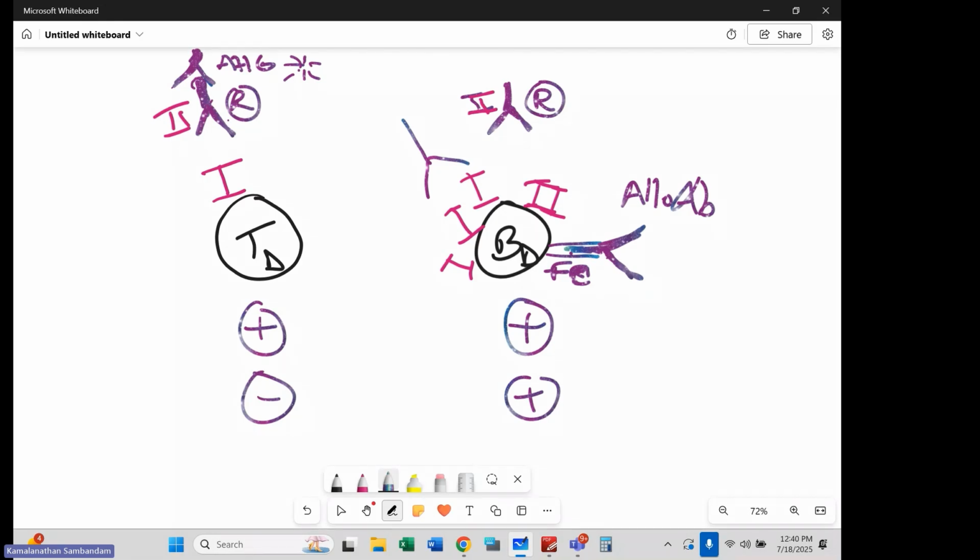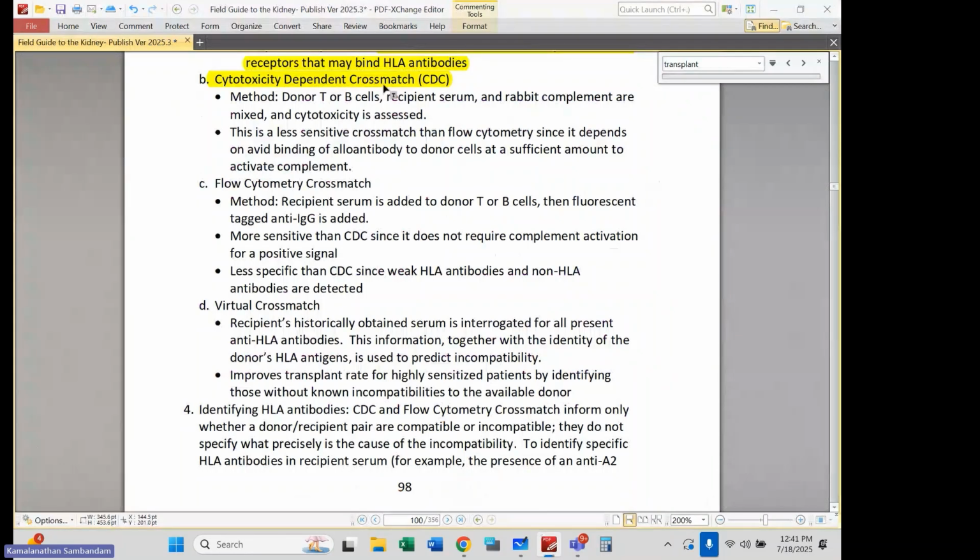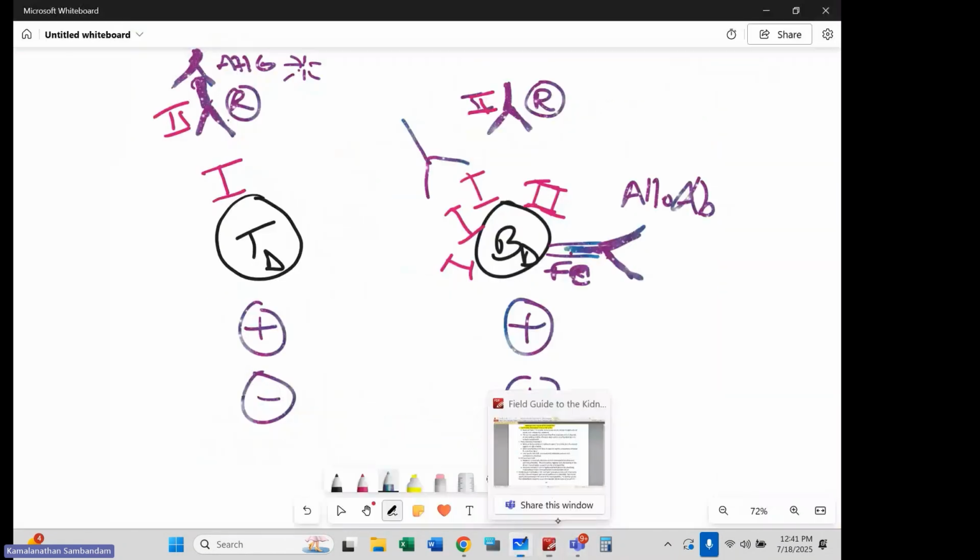But even these centers who do HLA incompatible transplantations would not do an HLA incompatible transplant if this crossmatch was positive for the cytotoxicity crossmatch assay. What is the cytotoxicity crossmatch?